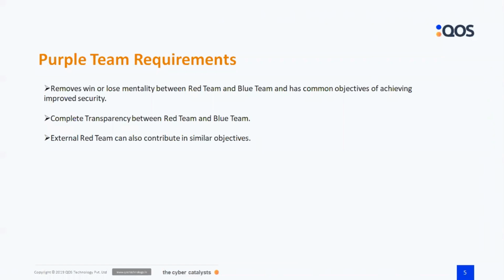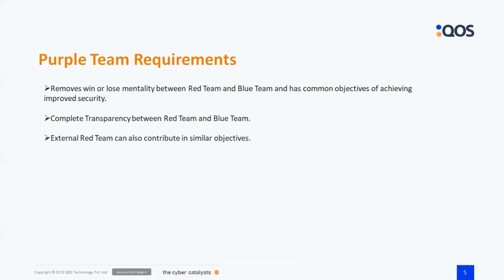Since I come from a background of, and am currently involved in, VAPT, I've usually seen non-transparent communication between the red team and the blue team, which ultimately impacts the blue team, because they are the ones protecting the security of any organization, right? So when you involve purple team requirements, you remove this win or lose mentality, which increases the transparency between red and blue team.